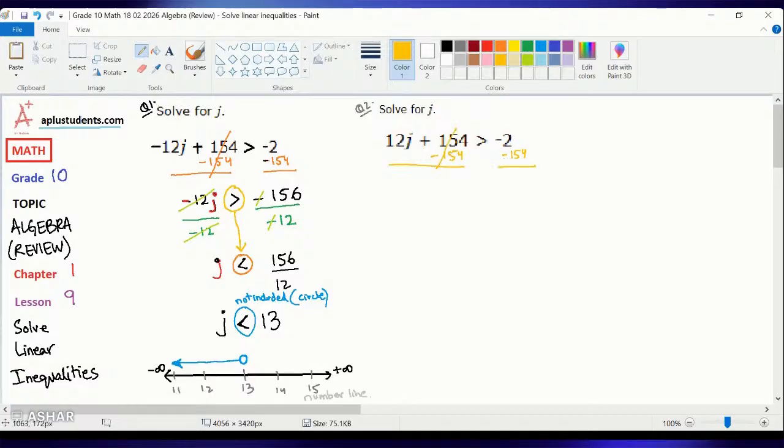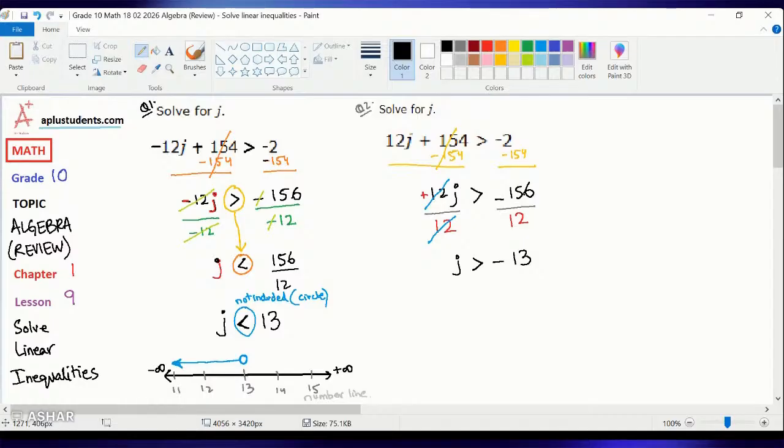This is cancelled out. So we can write this as 12j is greater than minus 156. Agreed? We know that this has a positive coefficient. So when we divide by a positive coefficient on either side, we do not change the sign. Okay, 12 is cancelled with 12, and we can write j is greater than minus 13.